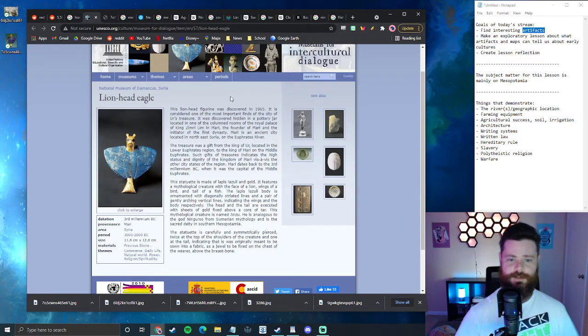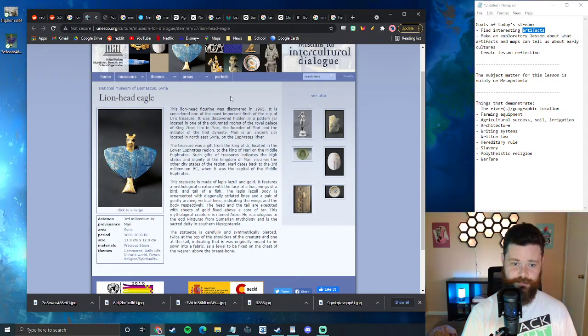Okay, lion-headed figurine was discovered in 1965. It is considered one of the most important finds of the city of Ur's treasure. One of the most important finds, wow. It was discovered hidden in a pottery jar located in one of the columned rooms of the royal palace of King Zimri-Lim in Mari, the founder of Mari and the initiator of the first dynasty.